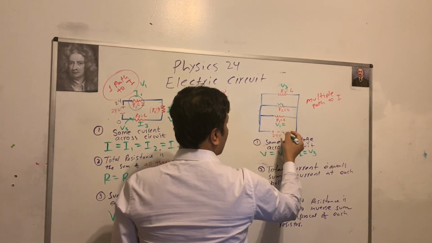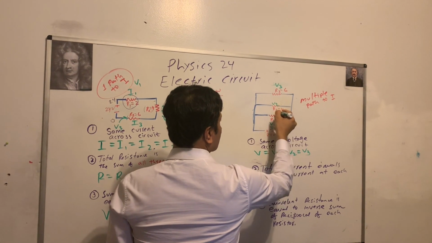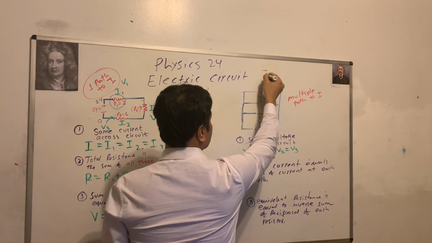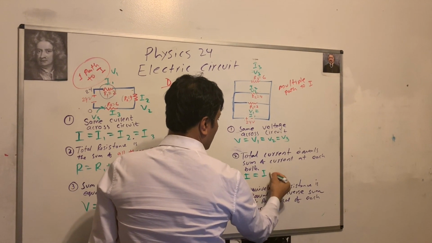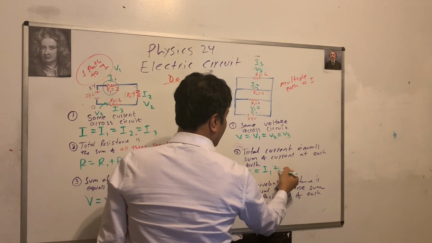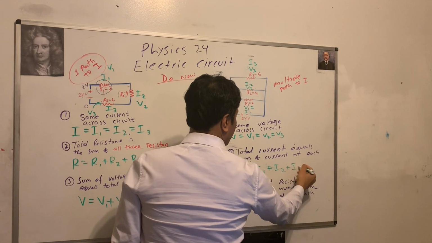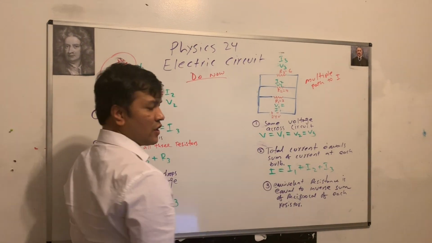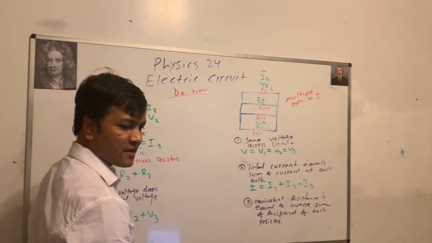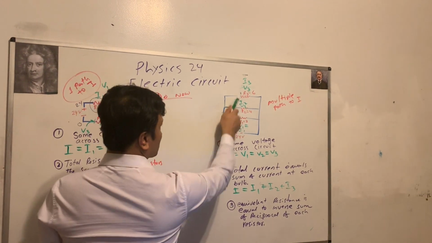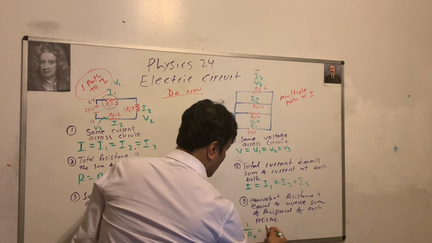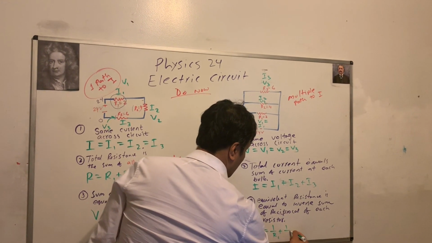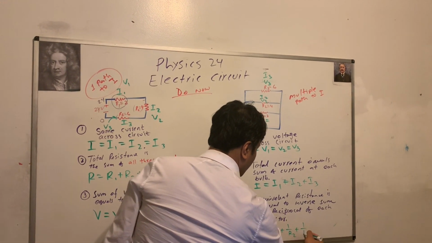I is equal to I1 plus I2 plus I3. Now resistor, how many resistors do we have, Isaac? 1, 2, 3. So 1 over R is equal to 1 over R1 plus 1 over R2 plus 1 over R3.